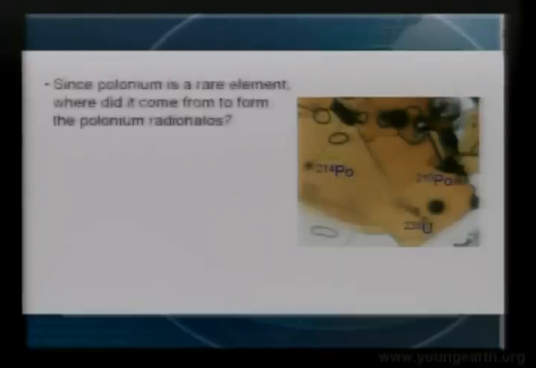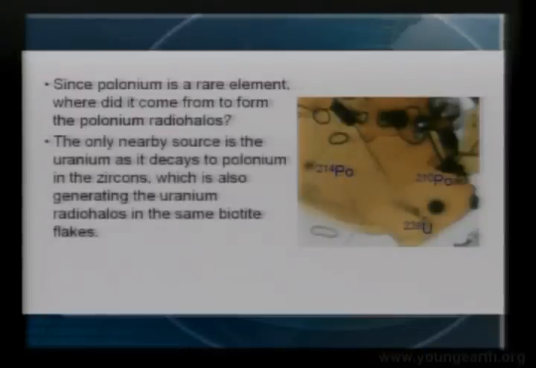And so this was a clue. Maybe the polonium has actually been derived from within the biotite flake from the zircon crystals containing the uranium nearby that is also at the same time producing the uranium radiohalo. Where did the polonium come from? It had to have come from the zircons, which are also generating the uranium radiohalos.